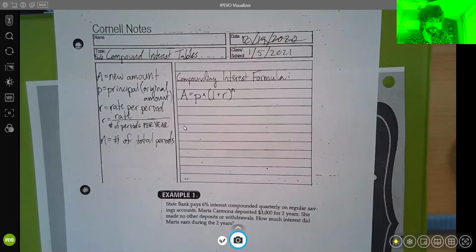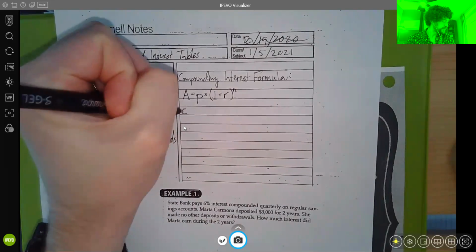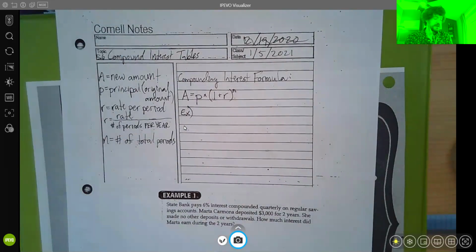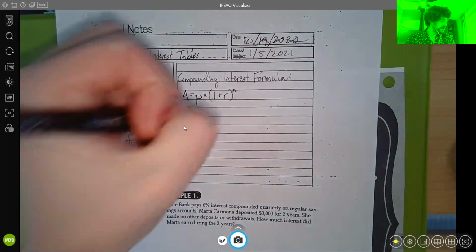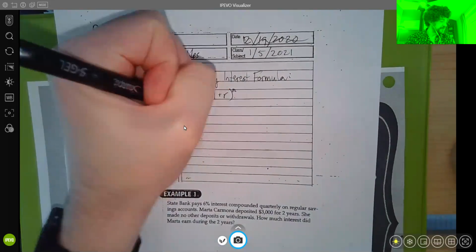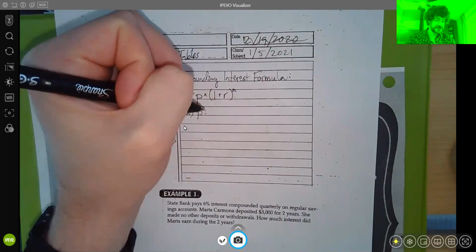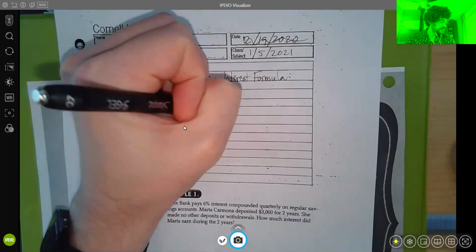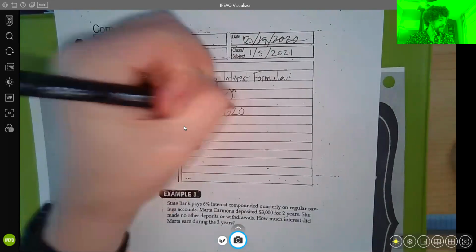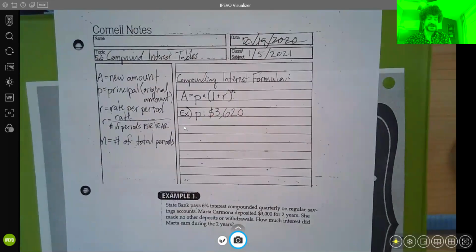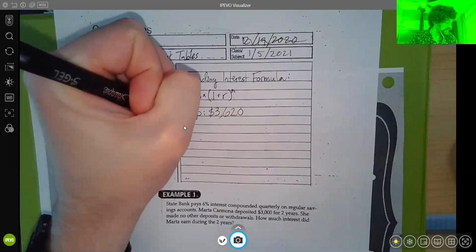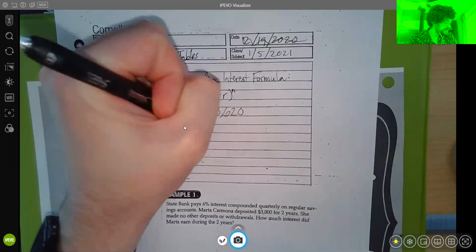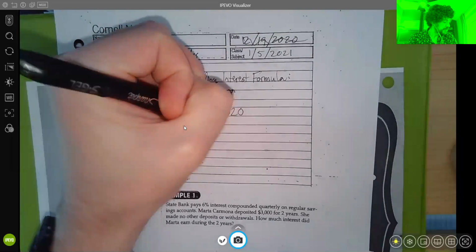So let's say you open an account and you open your account with $3,620. So you have a principal value of $3,620. Now the account is compounded quarterly.